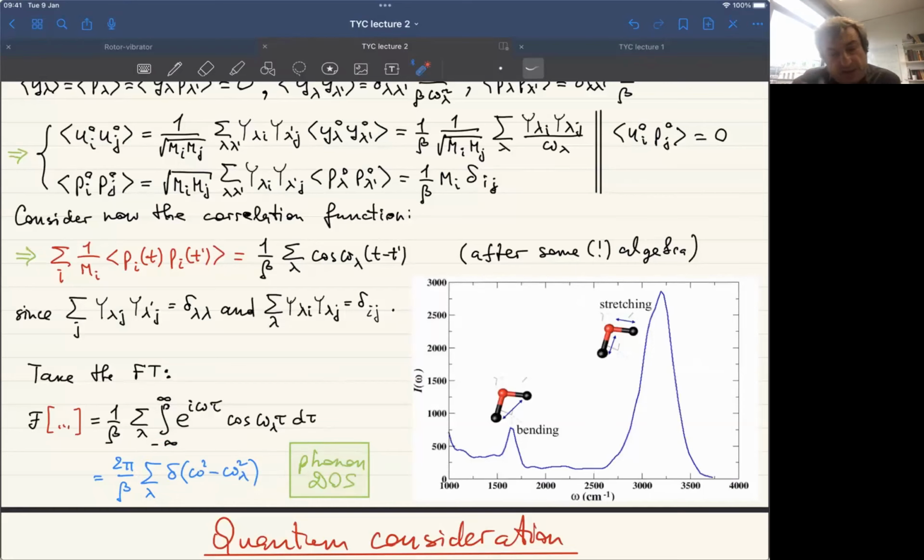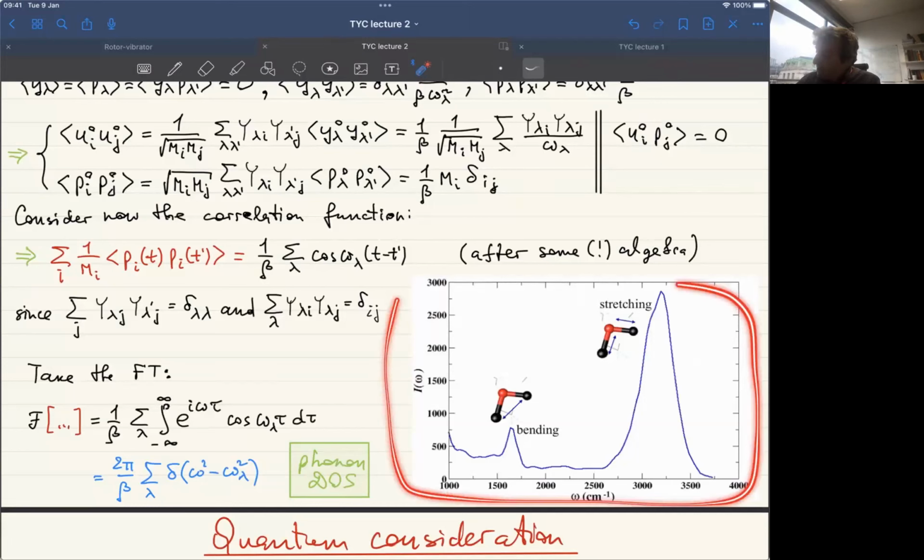So what does it actually mean? It means that if you calculate a certain correlation function, the momentum correlation function of your system using molecular dynamics, you have access to the density of states or vibrational density of states of your system. And here you have an example of such a calculation of water.